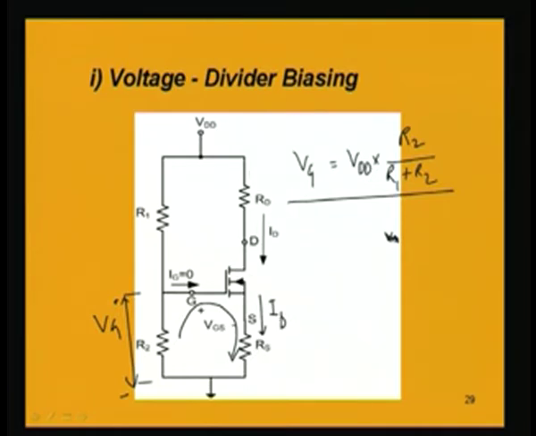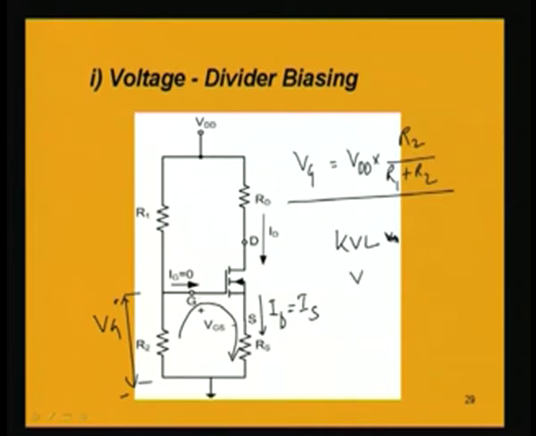The drain current will only be flowing through the drain to source voltage source between drain and source. So, the same current is ID and IS.